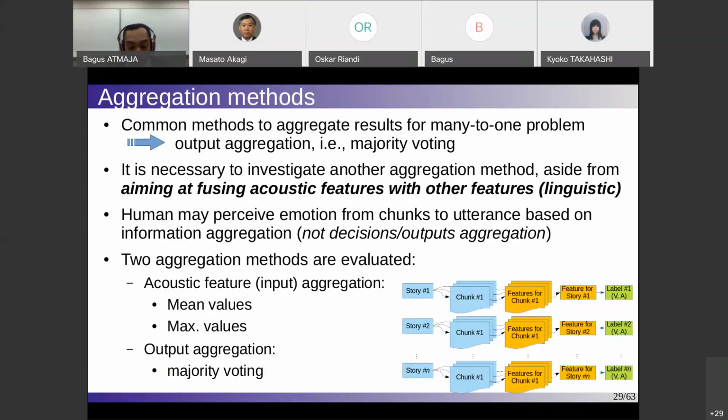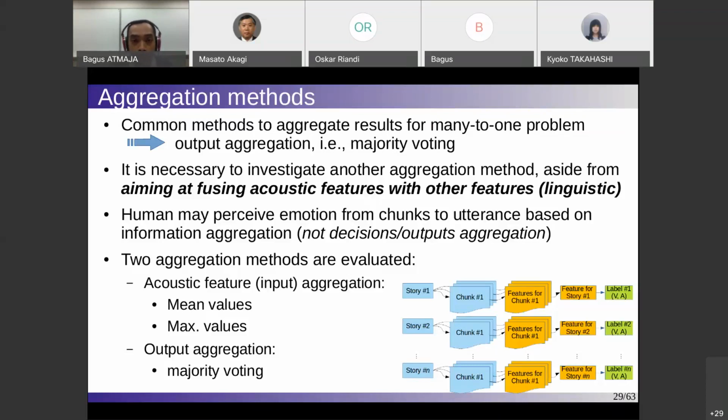My main goal is to make the acoustic and linguistic have the same factor so I can combine them. But to achieve this, I need to aggregate features instead of output. So that's the reason: to make this data able to be concatenated with linguistic.